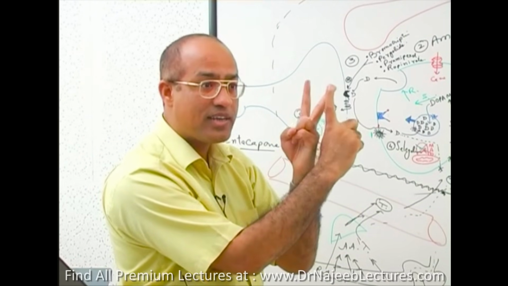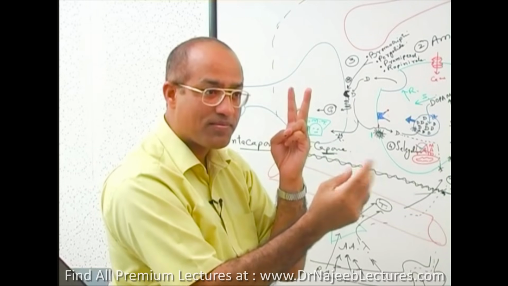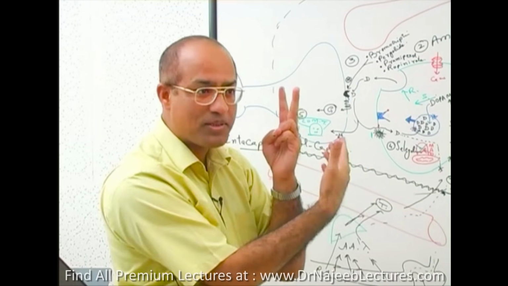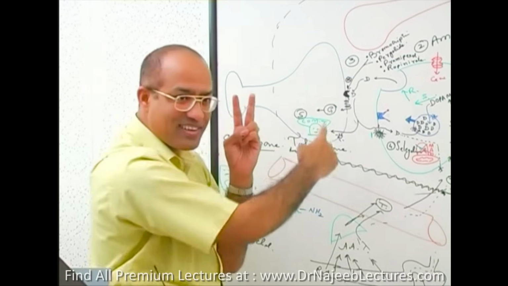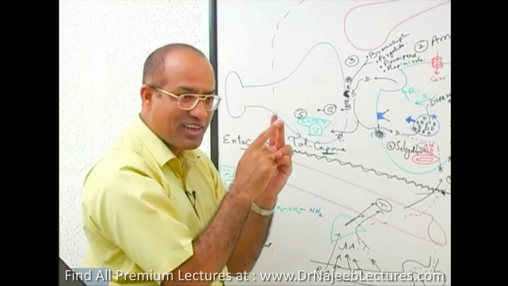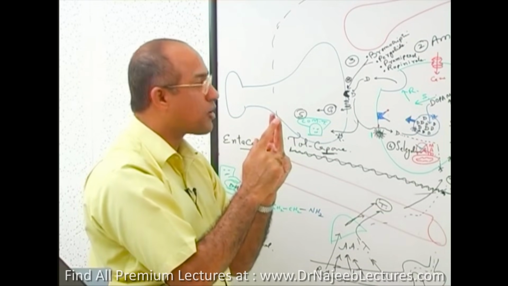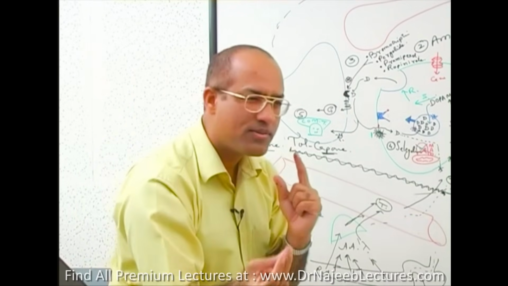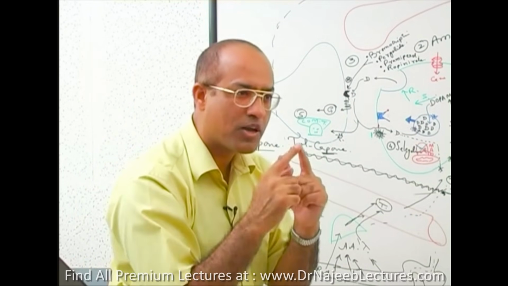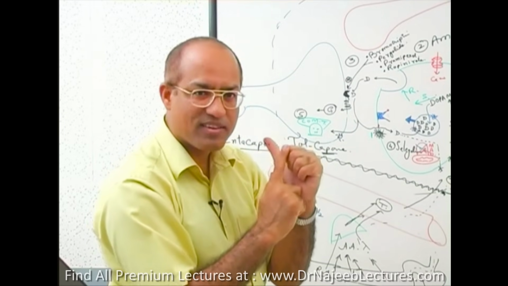Give direct stimulators to the dopamine receptors, like bromocriptine and pergolide, ergot derivatives, or non-ergot derivatives like pramipexole and ropinirole, or reduce the destruction of dopamine by inhibiting monoamine oxidase B. The drug is selegiline and its friends.